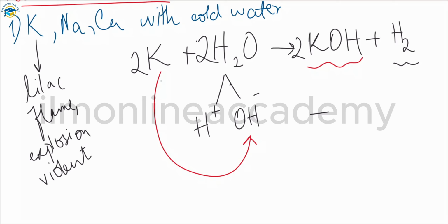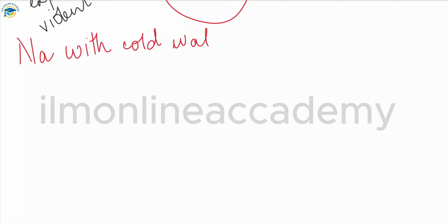Next we will talk about sodium, and then we'll talk about calcium separately. The second one is sodium with cold water. When sodium reacts with water, the metal melts to form a ball that moves rapidly around the surface.